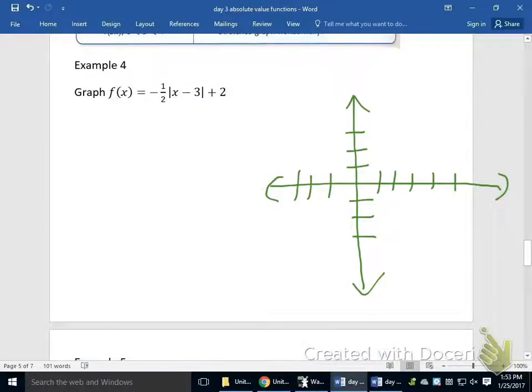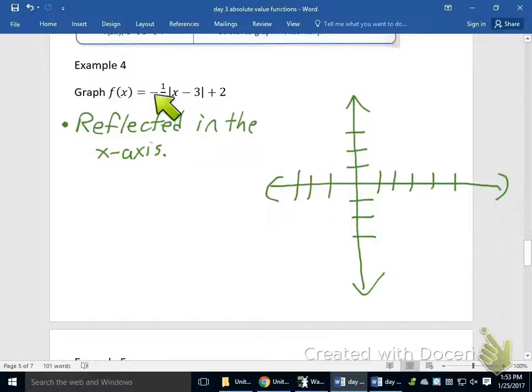Here's our last problem on dealing with absolute values. What you're going to see here is actually a few transformations. First of all, the entire function's been negated. That reflects it in the x-axis. And that's because you're seeing the graph now open down because of this negative in front here.